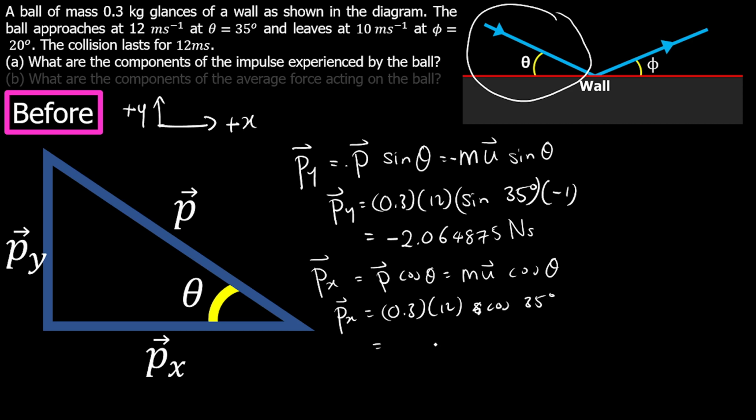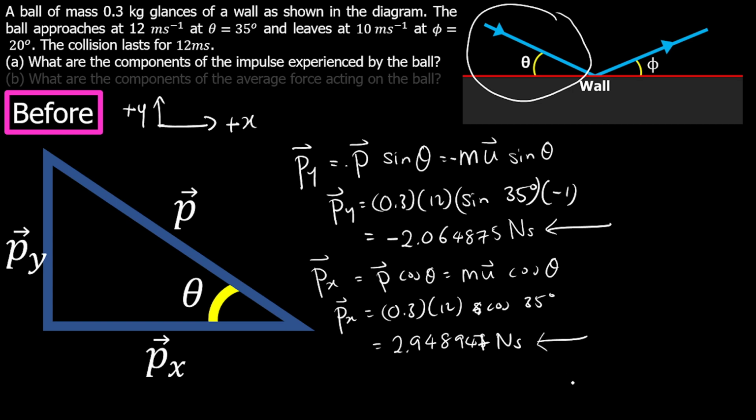And that's going to be 2.9489477 Newton seconds. So we have our initial y component of momentum, and we have the initial x component of momentum.